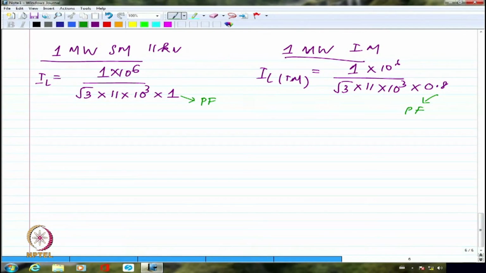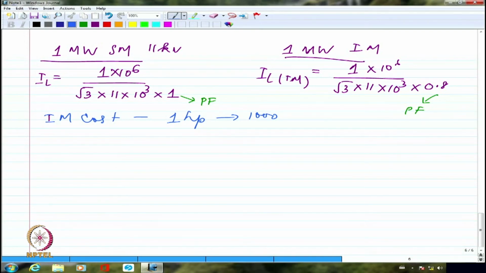If I look at the induction machine's cost and the synchronous machine's cost, the induction machine cost is normally 1 HP costs 1000 rupees, generally, roughly. I'm not saying you will be able to go and purchase a 1 HP machine in the market for 1000 rupees. I'm rather saying if it's a 50 HP machine, roughly it is 50,000 rupees. If it is a 30 HP machine, it is roughly 30,000 rupees.